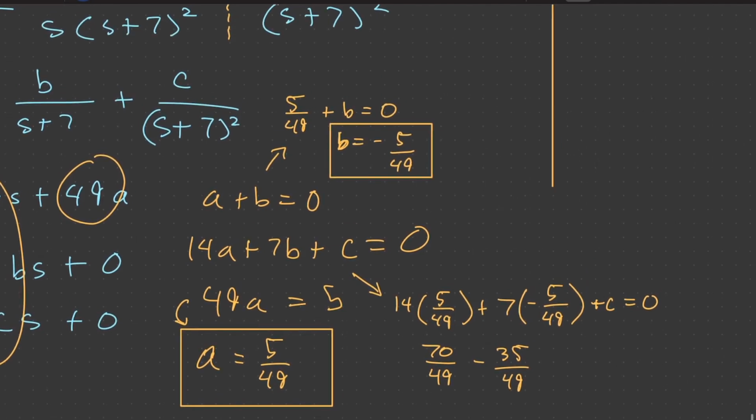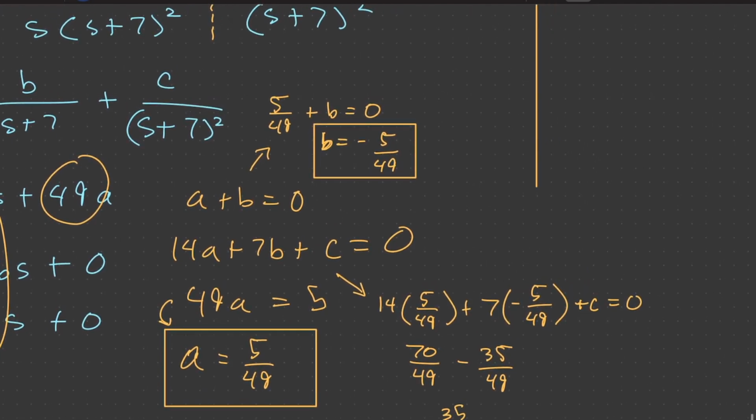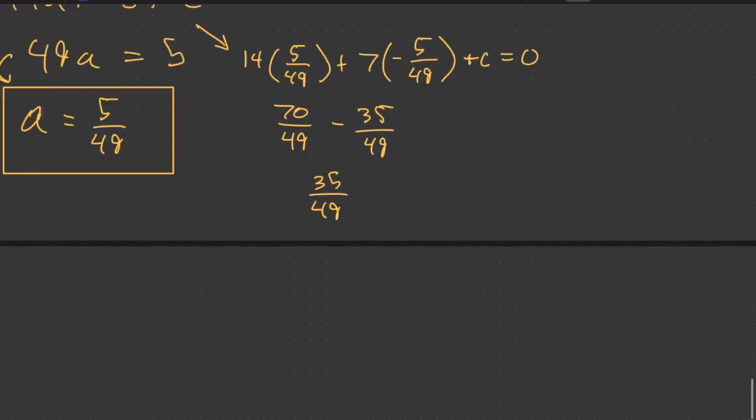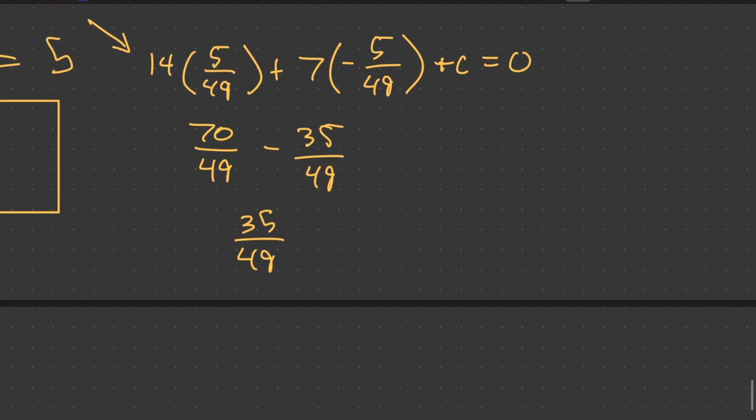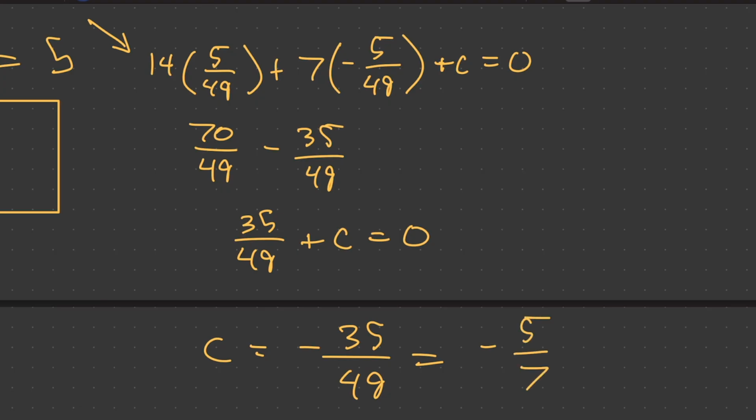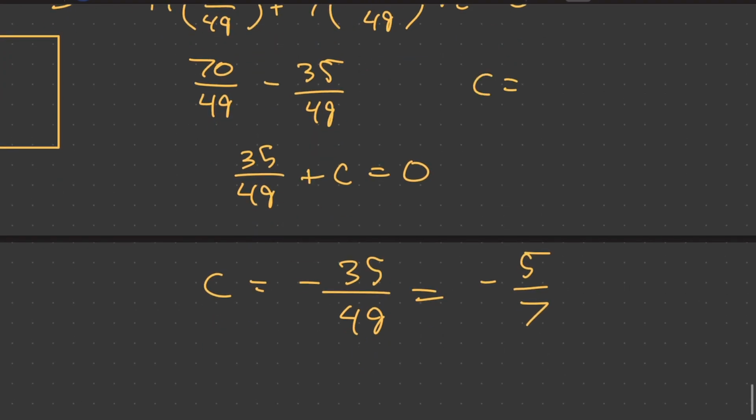That's going to get us 35 over 49, plus c is equal to 0. And so c is equal to negative 35 over 49. We can simplify this down to negative 5 over 7. So in other words, c is equal to negative 5 over 7. Okay.